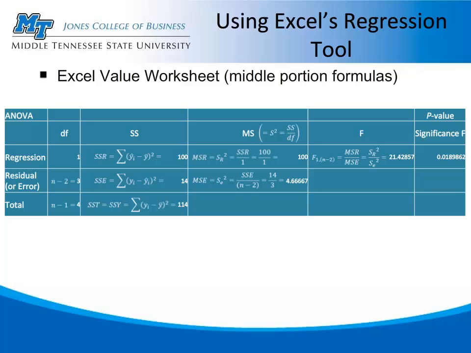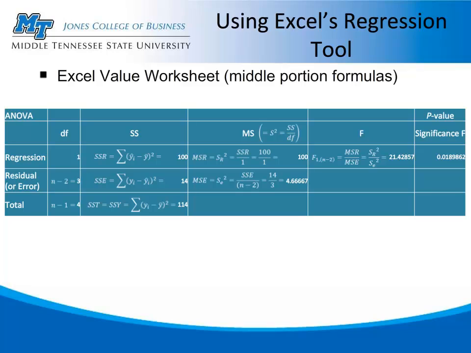The variance and the variation are always going to be equal because you just have 1 degree of freedom. But to get the F statistic, you take the MSR, the variance explained by regression, and divide it by MSE, the variance due to the error. In this case, we're coming up with approximately 21.4.